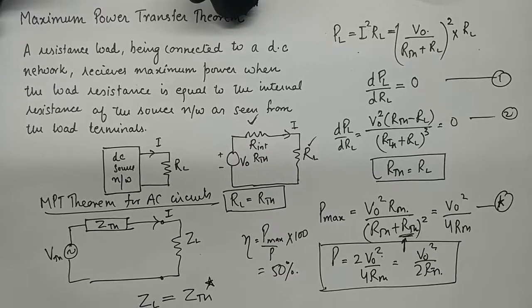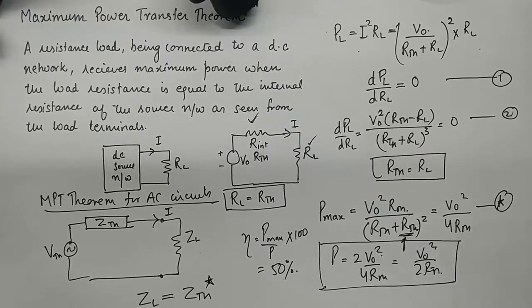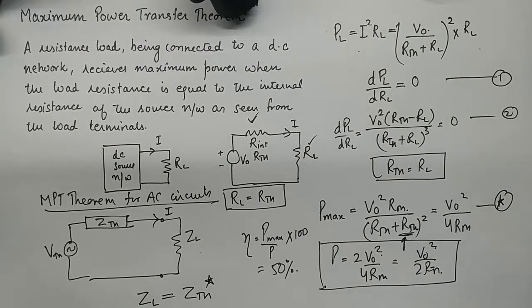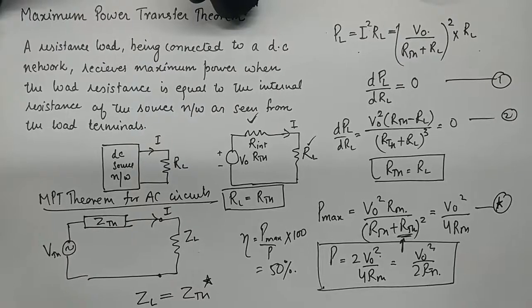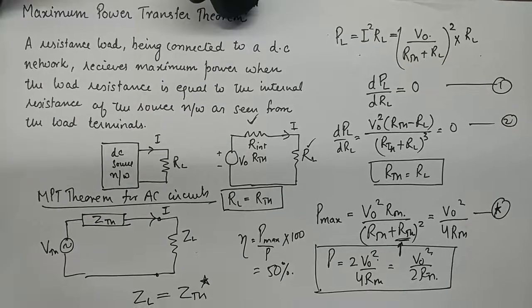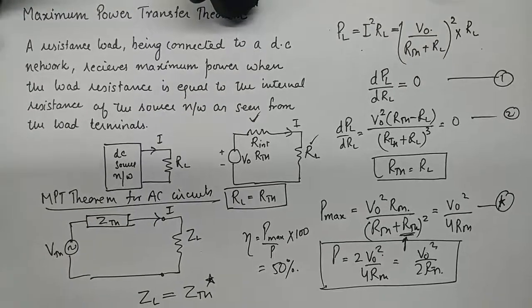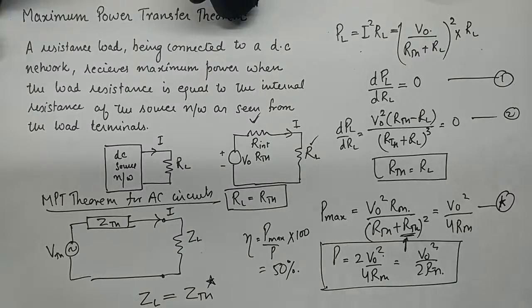So once you find ZTH, you could simply take the conjugate of that and place that value at the load to get maximum power transferred. And this is how simple this theorem is, but this is again a very useful theorem in network optimization when you want your network to function at its full potential.